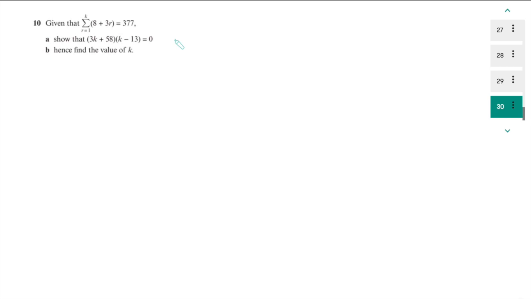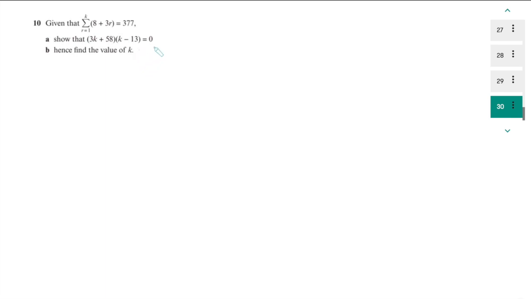So these are really great questions for you to tackle, because you know that if you can massage this into this formula, then you've got it right. You must have done this first bit right. And even if you don't get to that, as long as you understand what's going on, you can carry on. Even if you don't get there, you can assume this and carry on and do the second bit of the question.